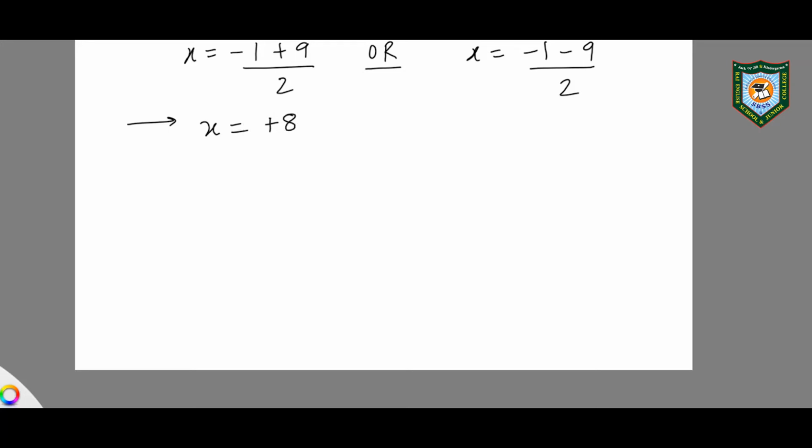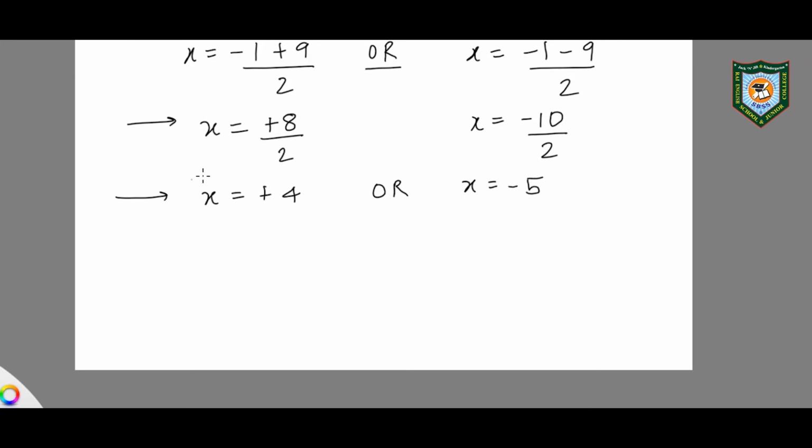So if we solve this, minus 1 plus 9 is plus 8, so this is plus 8 divided by 2, or x is equal to minus 1 minus 9, which is minus 10, divided by 2. This implies x is equal to plus 4 or x is equal to minus 5.